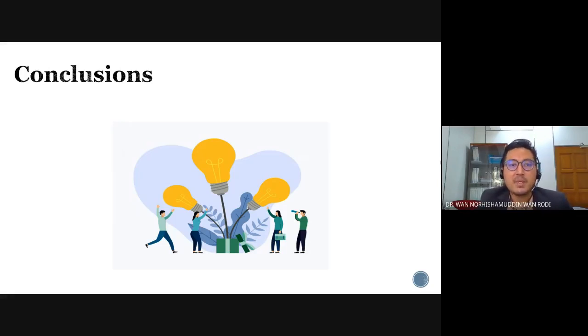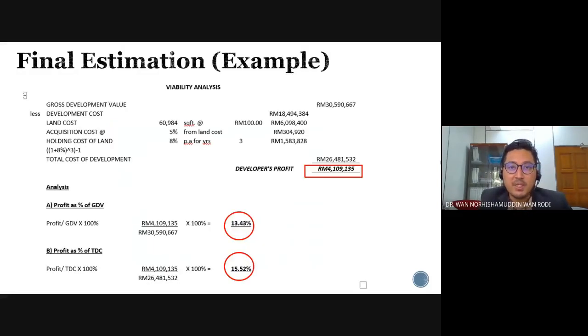And then once you have obtained all the cost and GDV, you can do the viability analysis. You extract all the data, put it inside a template, and calculate the developer's profit. The next step would be to identify the viability measurement.